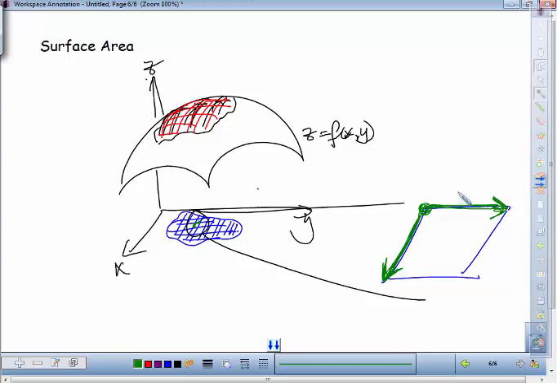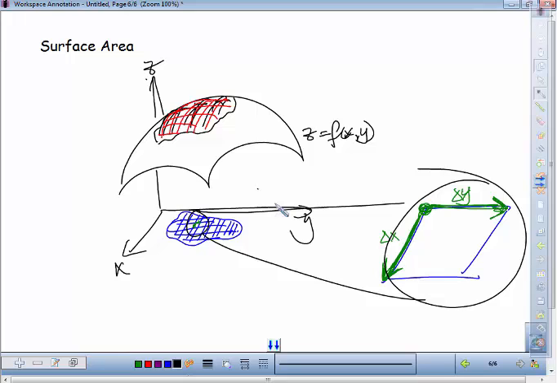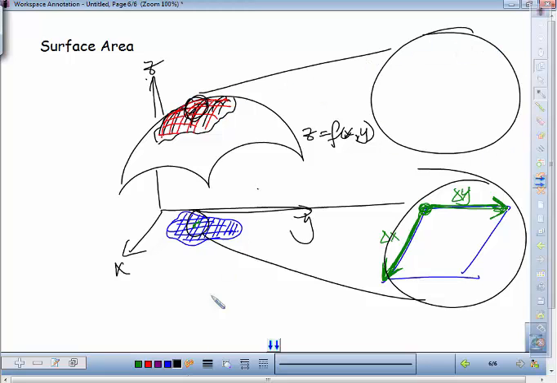Maybe it has a length of delta x and delta y. Let's see, this is y, this is x. So that's a zoomed in version of that. What we're going to do is project this up on the xy plane, or on the surface, and then we're going to see kind of a similar picture.